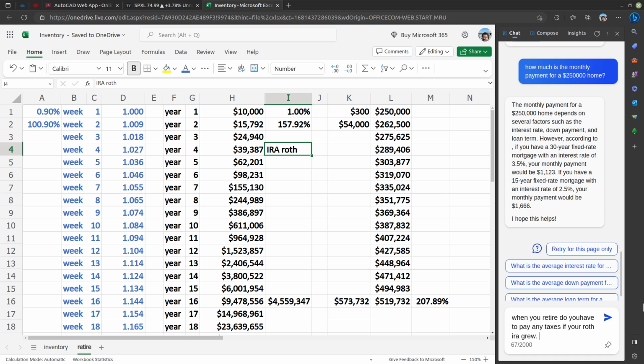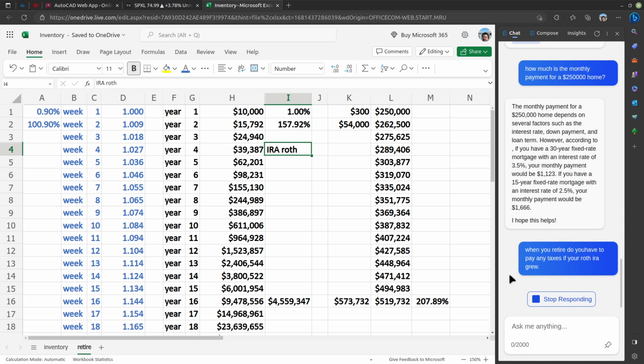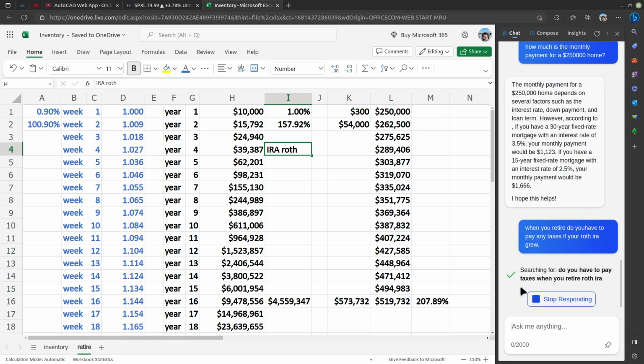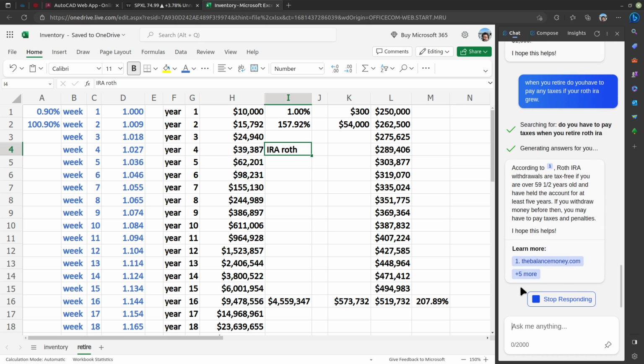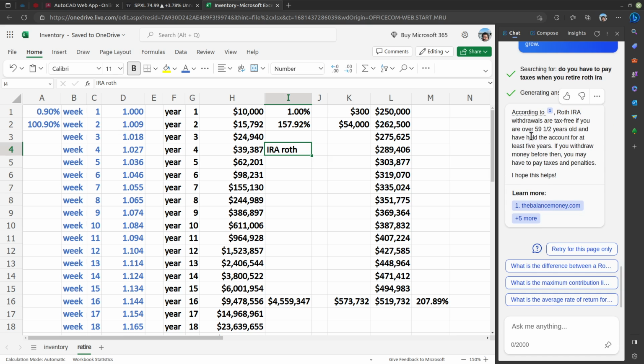Can you withdraw? So when you're 59 and a half years old and you held it for at least 5 years, you can just withdraw whatever money you want. Wow.